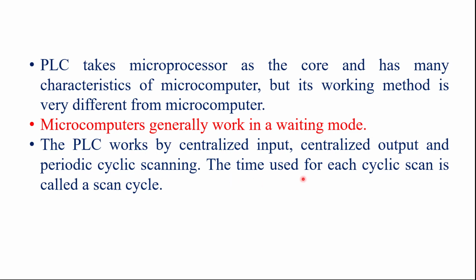The time used for each scan is called scan time and the cycle is known as scan cycle. So in this video, I will explain in detail what is the PLC CPU scan cycle or scan time.